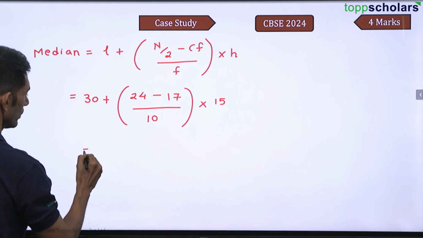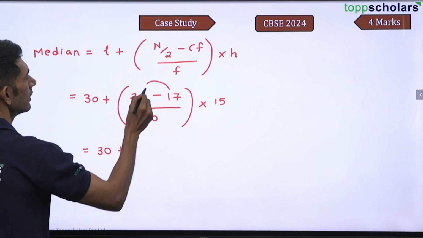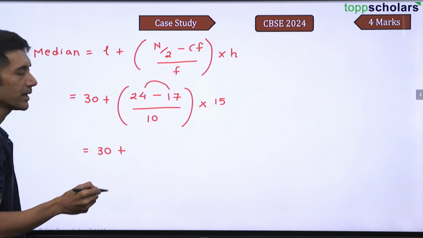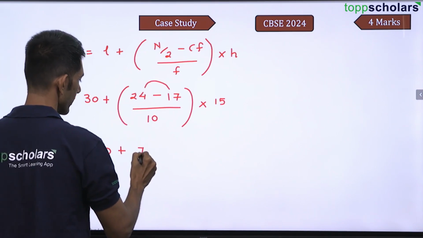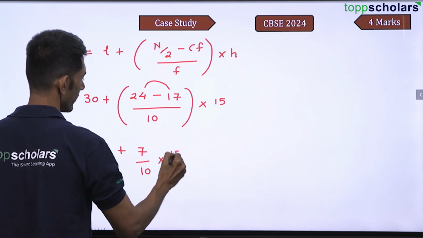So this is equal to 30 plus 24 minus 17 is 7 by 10 into 15, right?